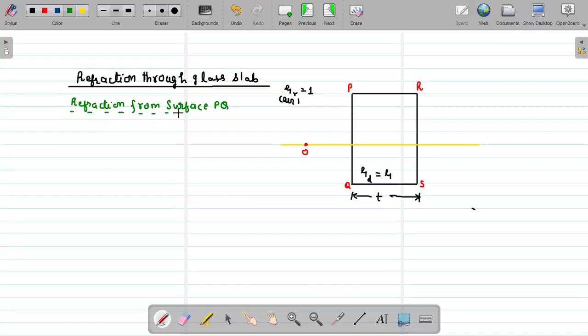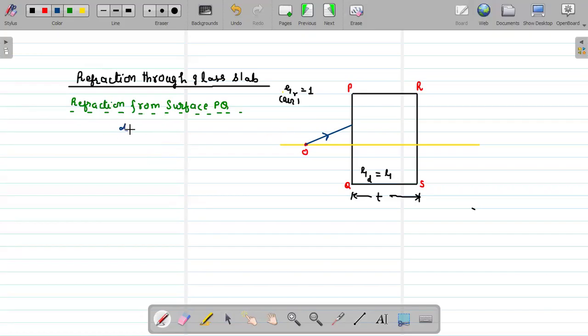In this case, the light ray from the object falls on the surface PQ like this. This is my incident ray. Because the incident ray is in a rarer medium, we consider that the object is in a rarer medium.